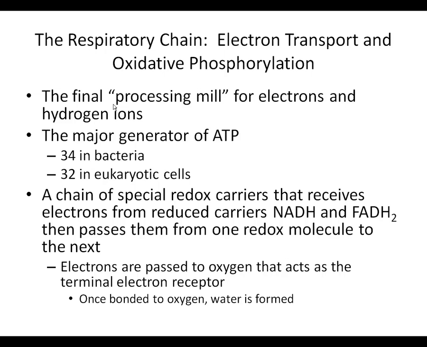Essentially what is happening is once NADH and FADH are made, they leave the pathway that they were formed in, moving to the electron transport chain where they will be reoxidized by giving away their high energy electrons, and those electrons then will be carried down a transport chain where they will end up with oxygen to produce water. In aerobic respiration, the terminal electron acceptor is oxygen, and you end up with water.